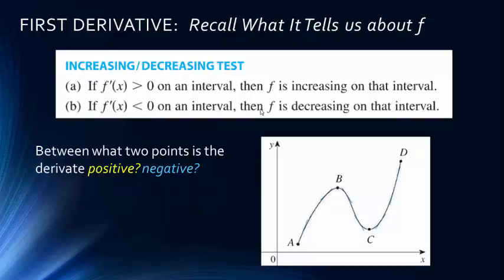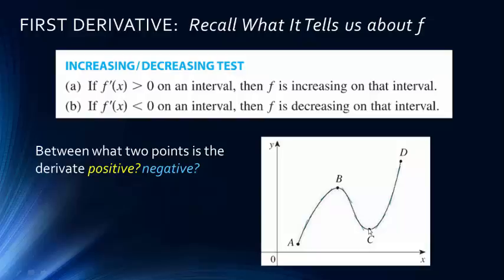So looking at this example, between what 2 points is the derivative positive, and between what 2 points is the derivative negative? See if you can answer that. Hit pause for just a second. So remember, the derivative is positive when our function is going up. So between a and b, our function is going up.